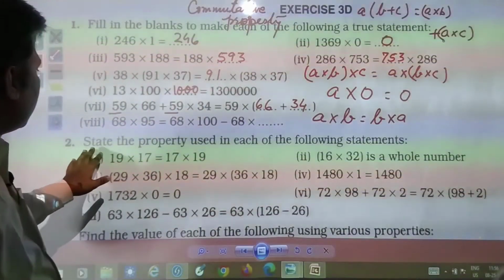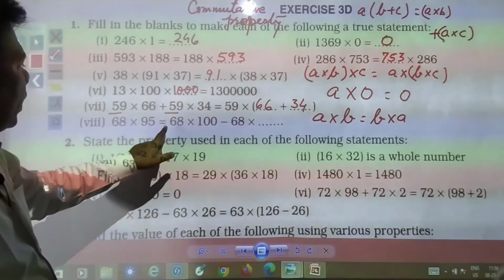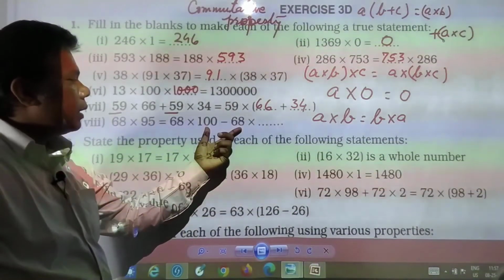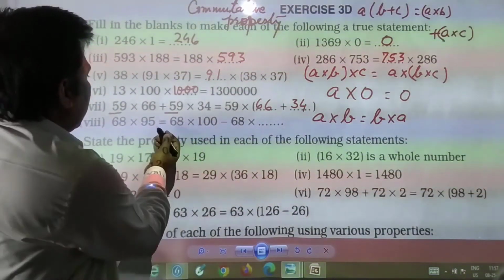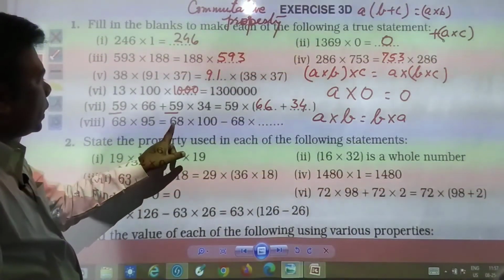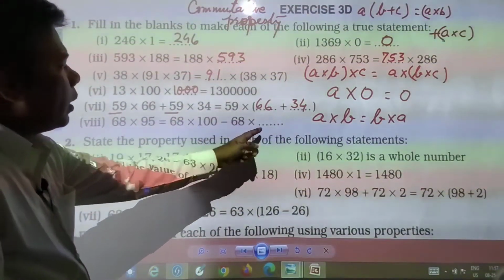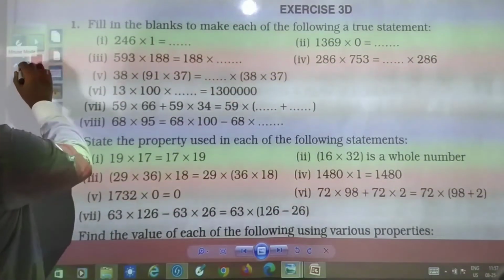Next you see 68 into 95 will be equal to 68 into 100 minus 68 into blank. First try to understand how it is to be done.